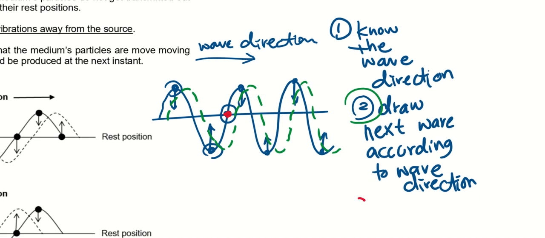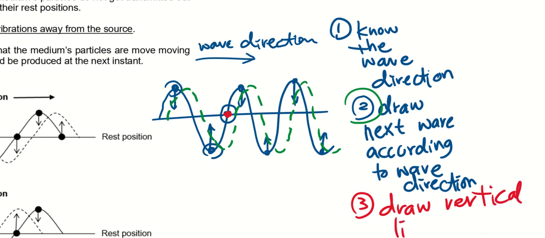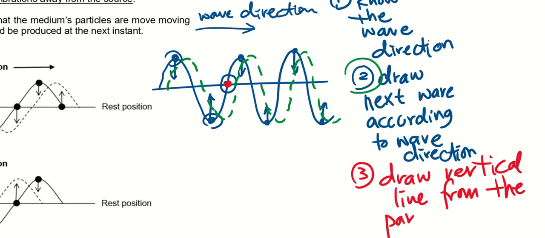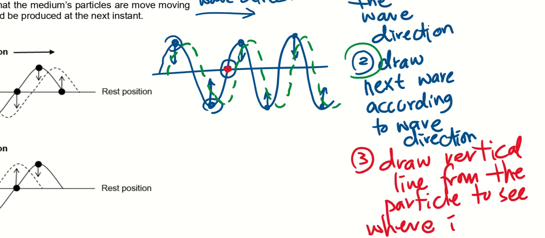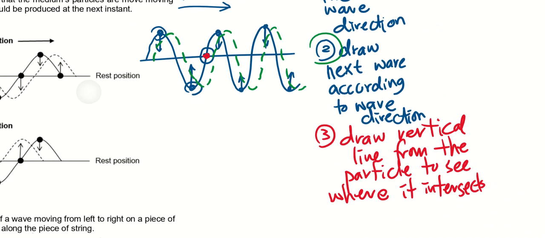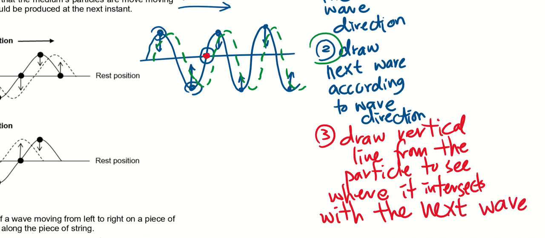So step 3. Are you drawing this? Draw a vertical line from the particle to see where it intersects with the next wave. That's the method.